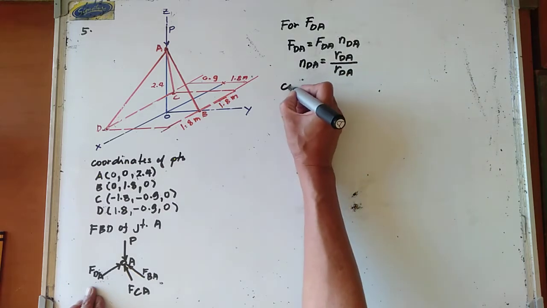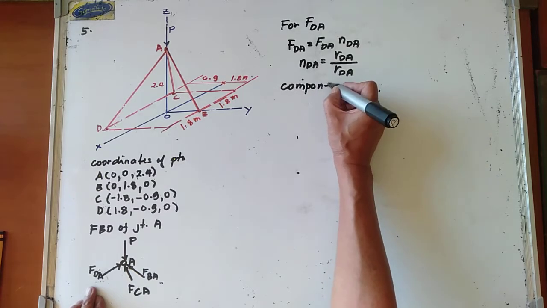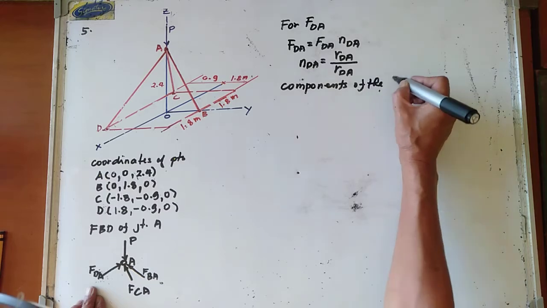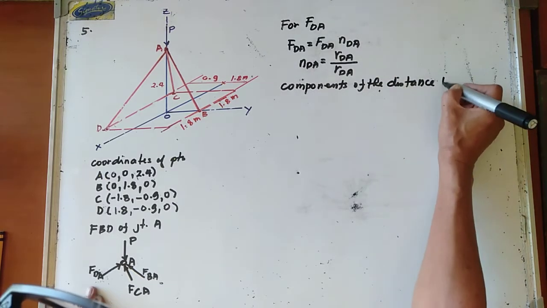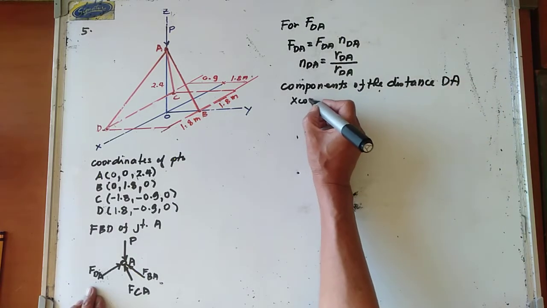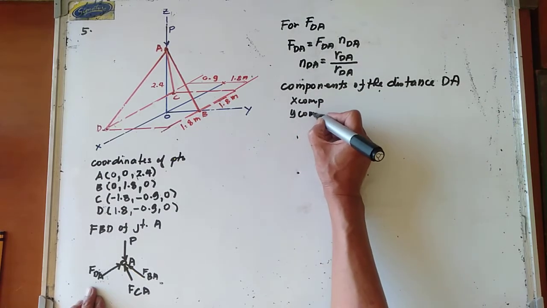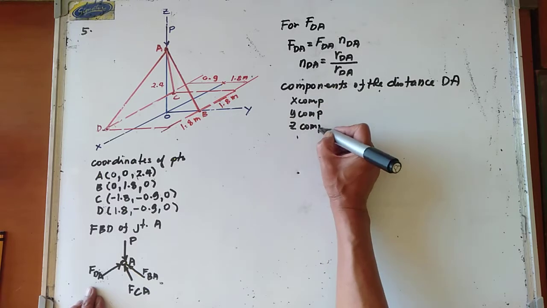So we now have the components of the distance dA. You have your x, we now have your y, and your z component.